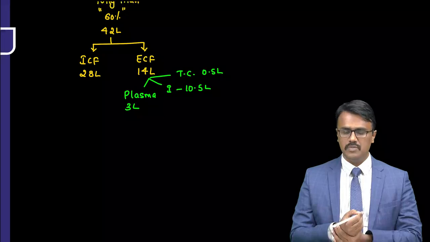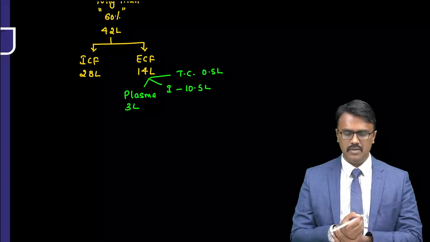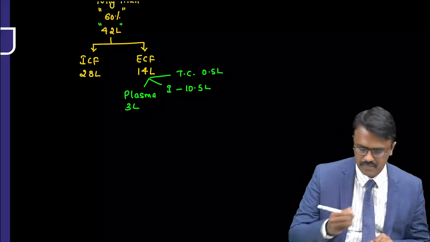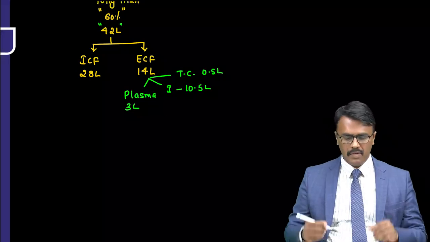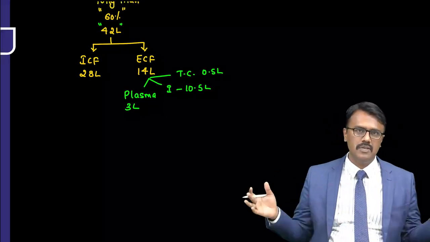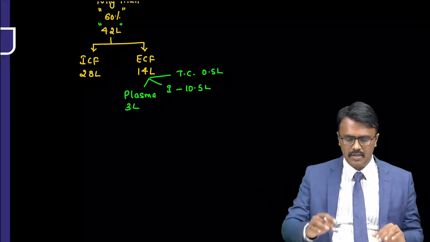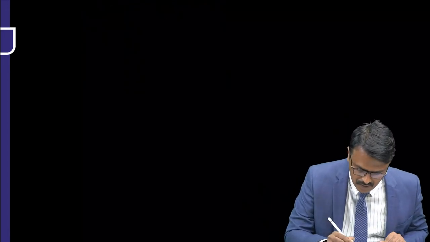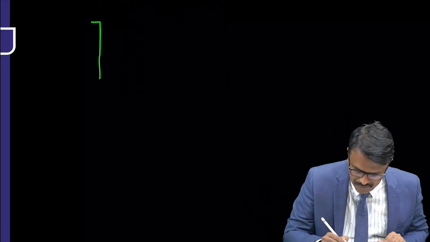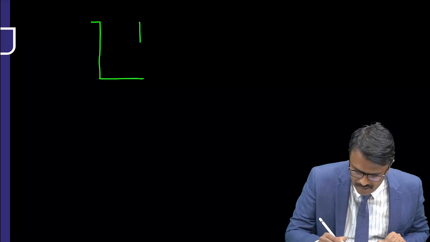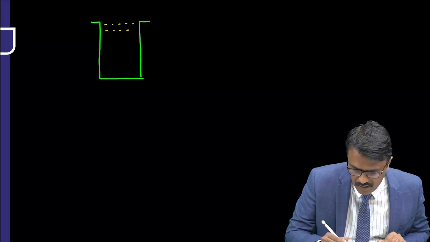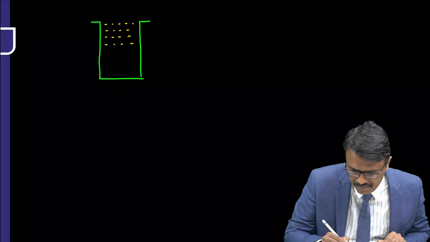You have learned that in physiology already. So this is the distribution of fluid, that is water, in our body. Now when we give the drug, it gets distributed everywhere. To understand the distribution, I need to give another basic concept. Take an example: there is a tank here, or you can take the example of a small jar filled with water.